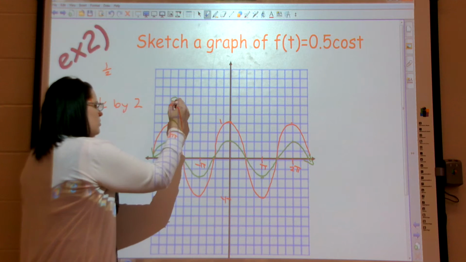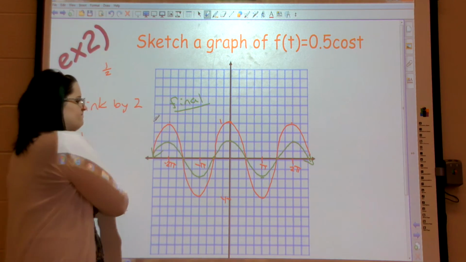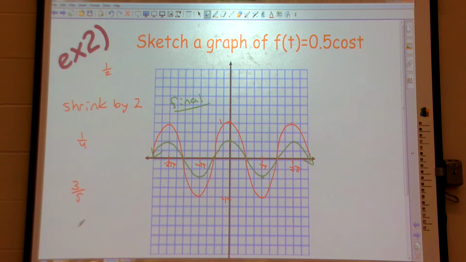Draw arrows and write the word final. Voila!